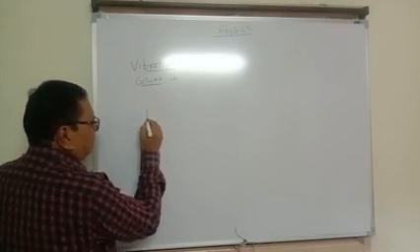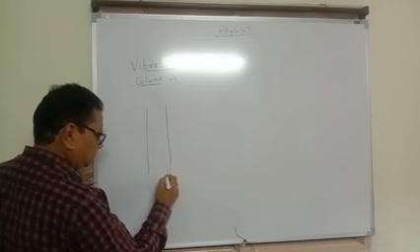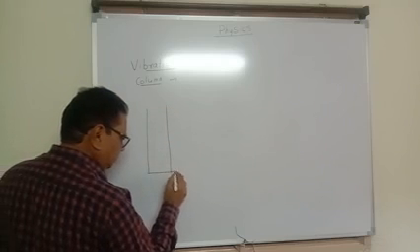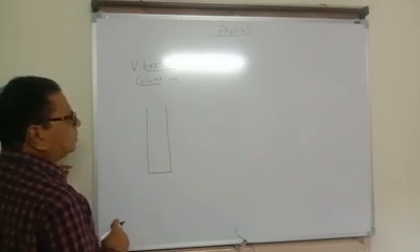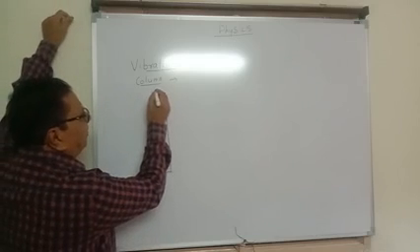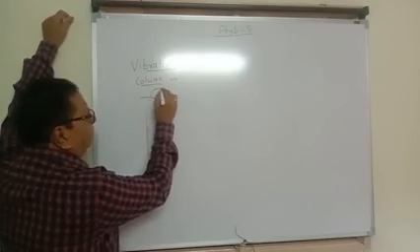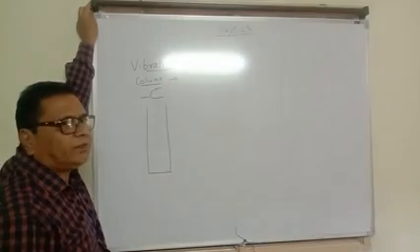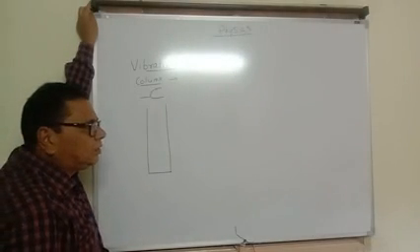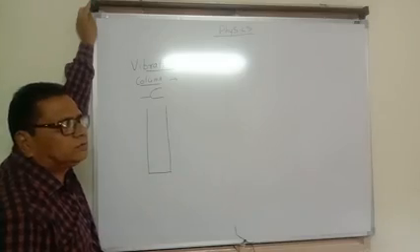Let us see what physics is taking place. Let us consider a vibrating tuning fork held at the open end of the pipe. As we know, a vibrating tuning fork produces sound waves.